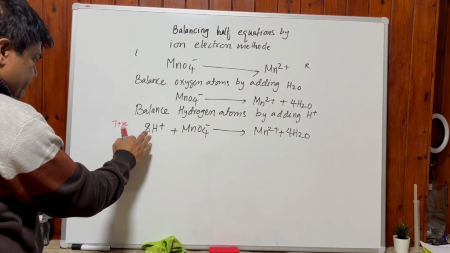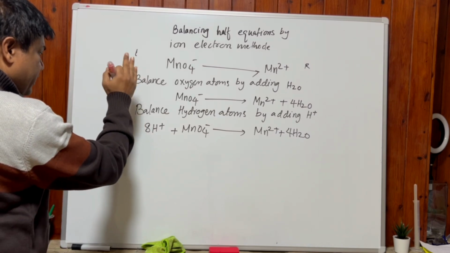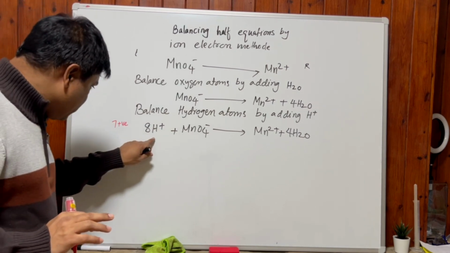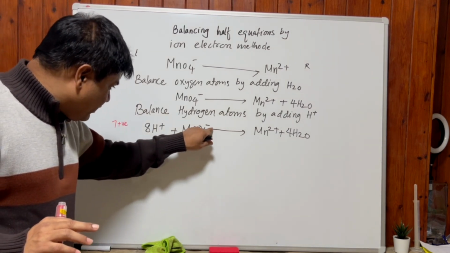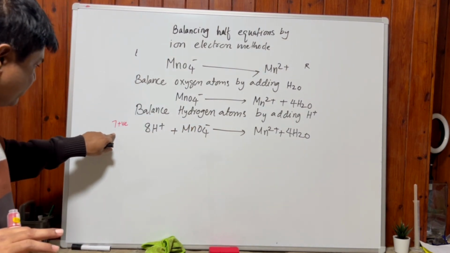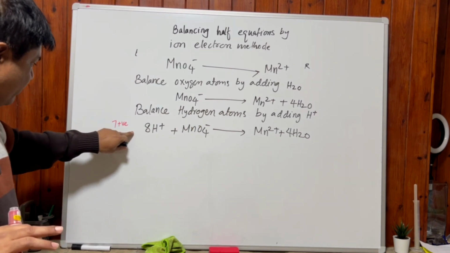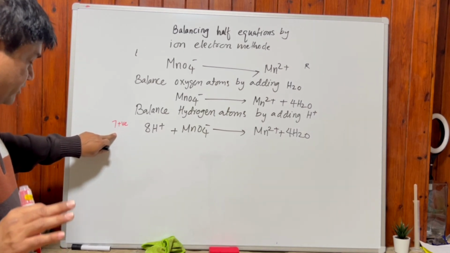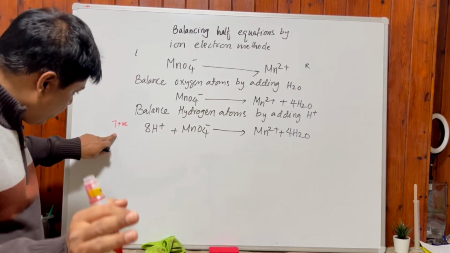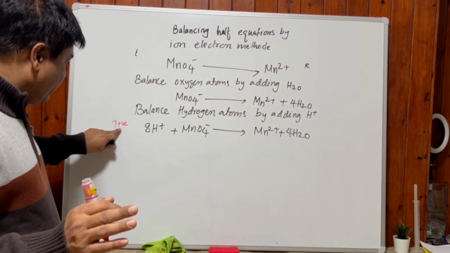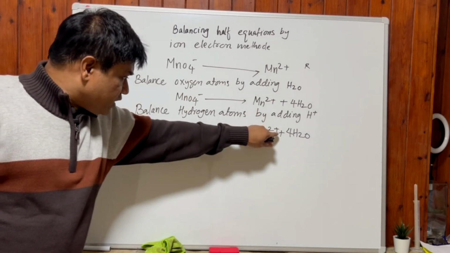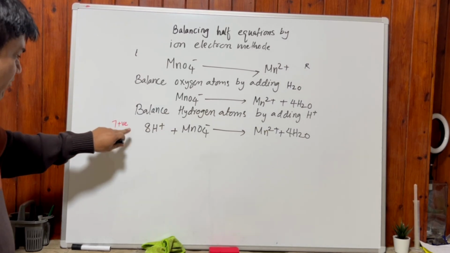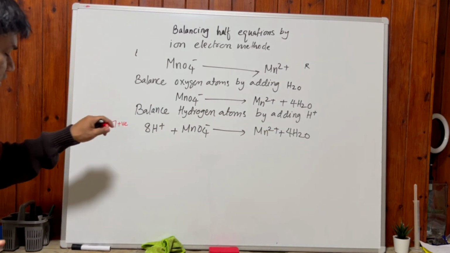So how many positive charges are left on the left side? 5 positive charge. One more time. 8 positive charge, take away 1 negative charge. How many positive charges are there on the left side? 7 positive charges. Out of 7 positive charges on the reactant side, the reactants give 2 positive charge on the product side. So take away 2 positive charge. That's 5 positive charges on the left side.